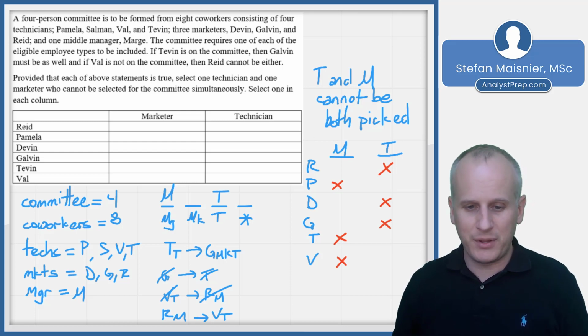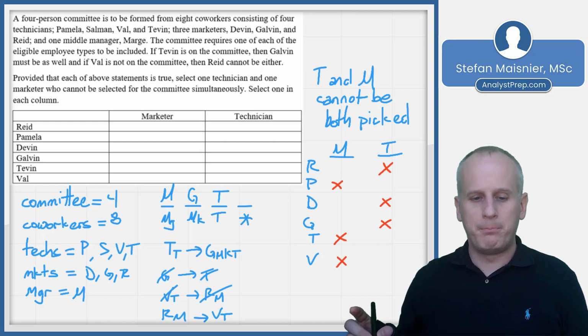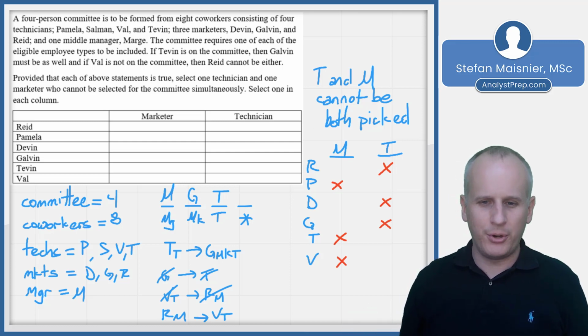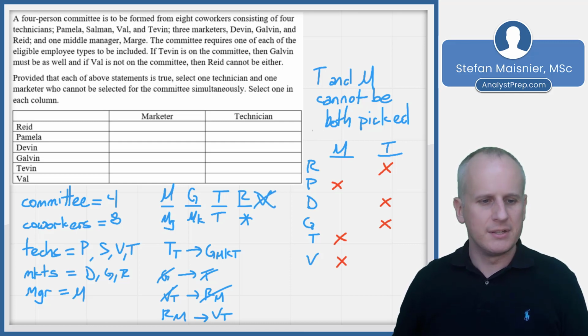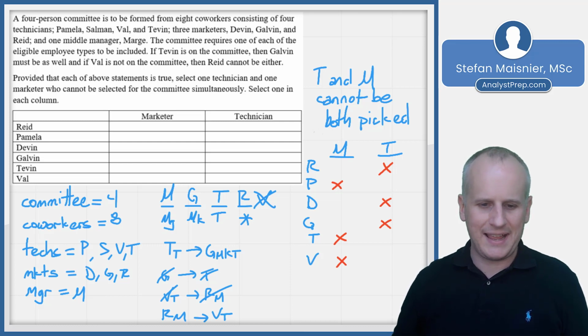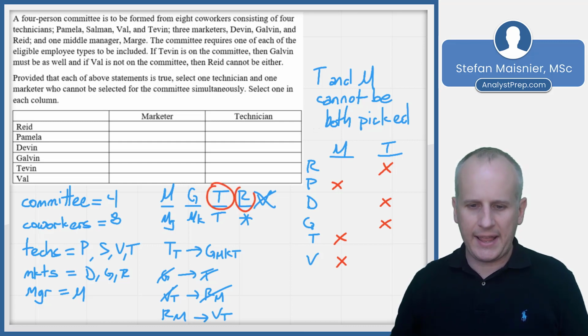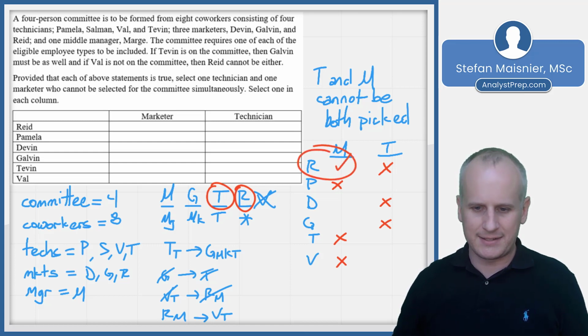And if T goes in, then we've got to have a G. But then if we put R into the committee as our wild card, well, then we know we're supposed to have V too, and I don't have enough spots for that to happen. So that means we can't have T and R on the committee at the same time. So R is the marketer that we can't select, and T is the technician that we can't select.